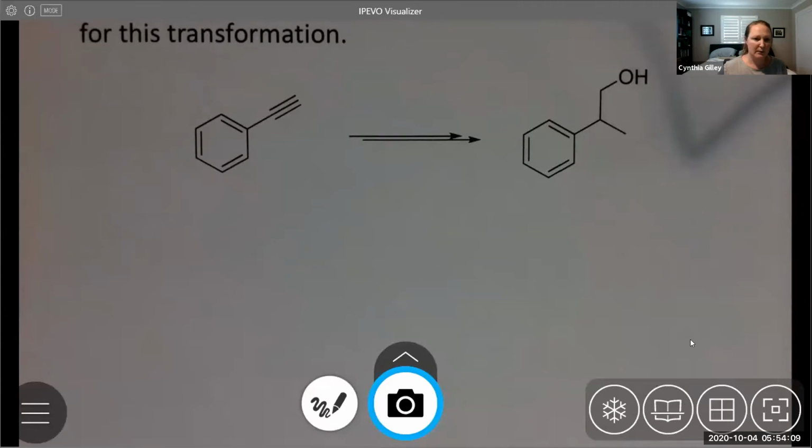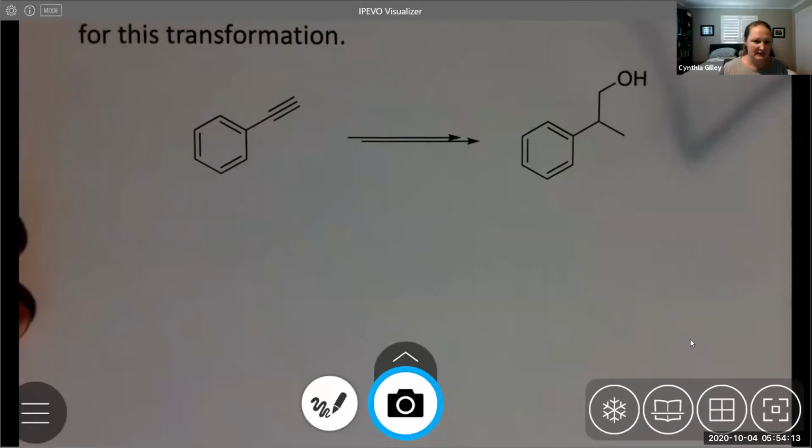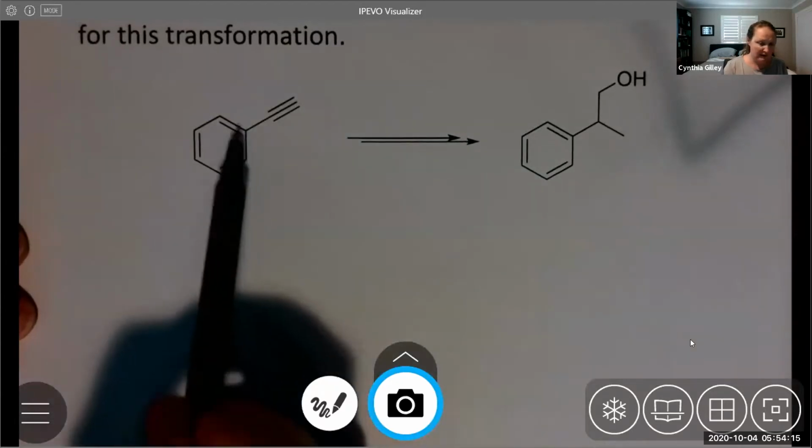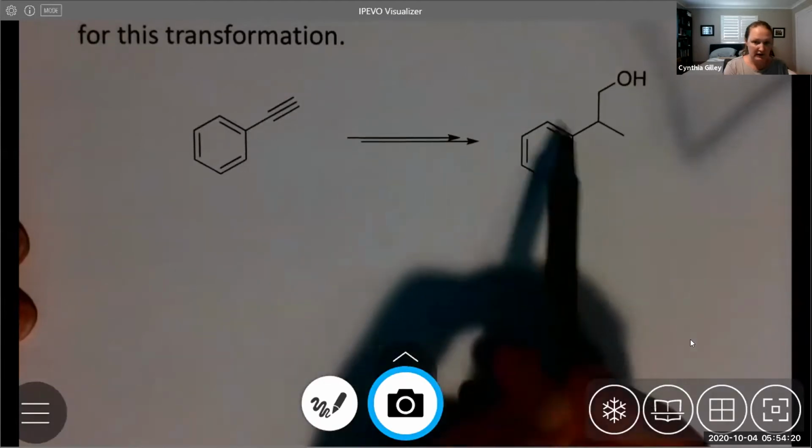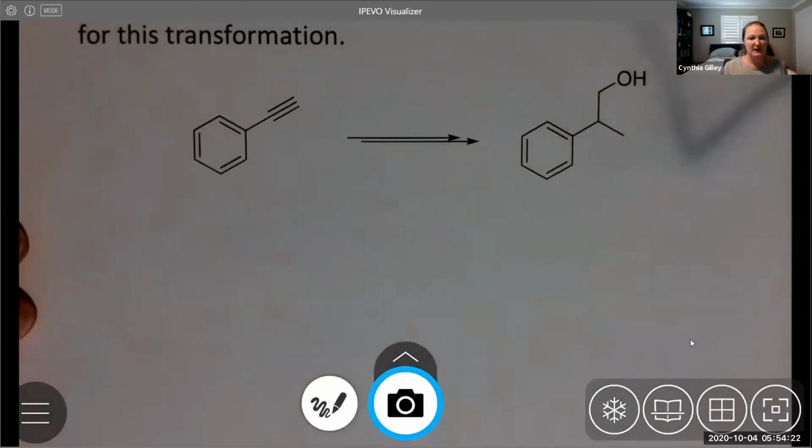Okay, so when I ask myself, is there a change to the carbon skeleton? Well, I have the phenyl ring, and then I have 2 carbons. And over here I have the phenyl ring, and then I have 3 carbons. So the answer is yes, there's a change in the carbon skeleton. In addition, there's a change in functional groups because we're going from a terminal alkyne to an alcohol.